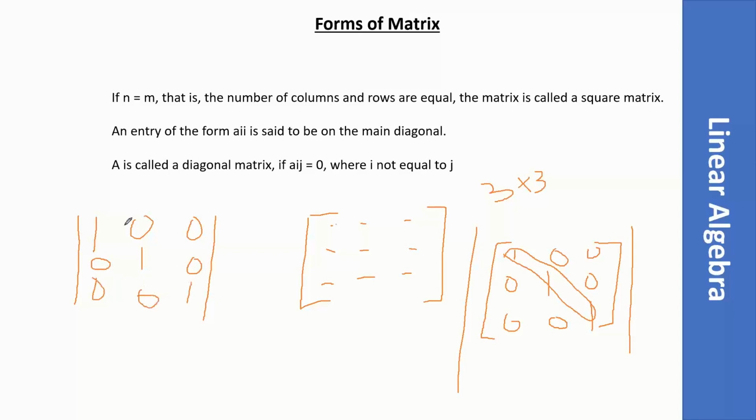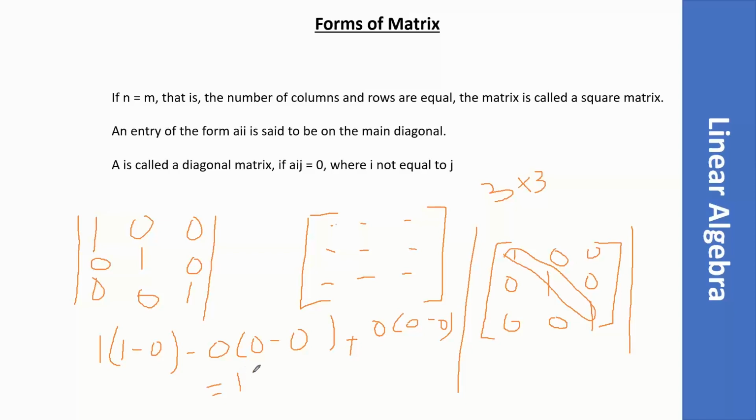So this will be 1 into 1 minus 0, minus 0 into 0 minus 0, and plus 0 into 0 minus 0. So ultimately it will give just one answer, that will be 1.